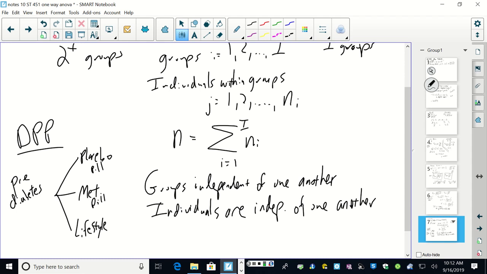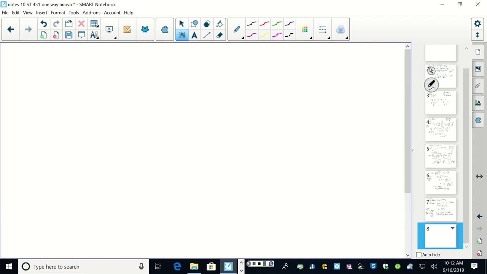We're going to measure things in every group. So Y_ij is group i and person j in that group.